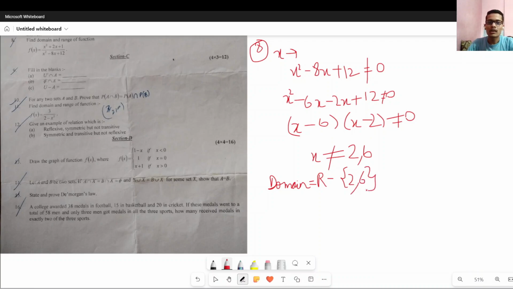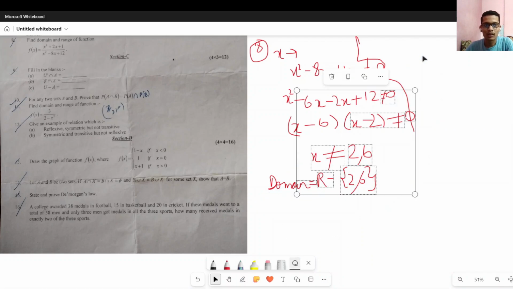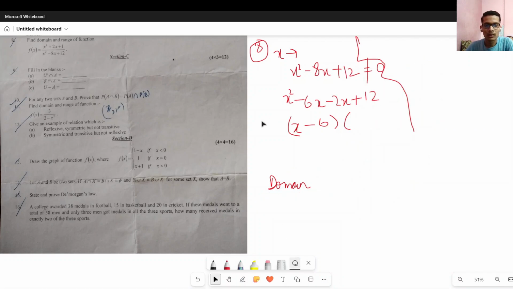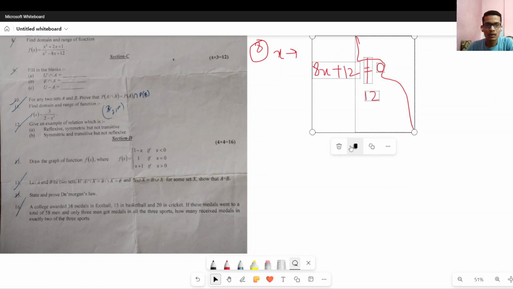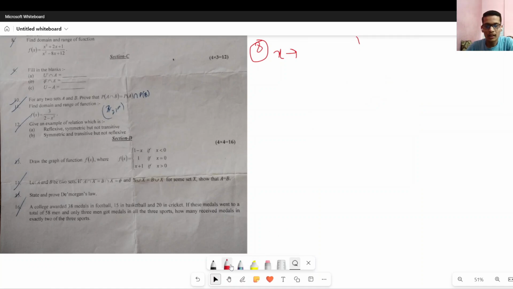Okay. Now the next part of this question, we have to find the range. Okay. Let's just erase it. Now we have to find the range.